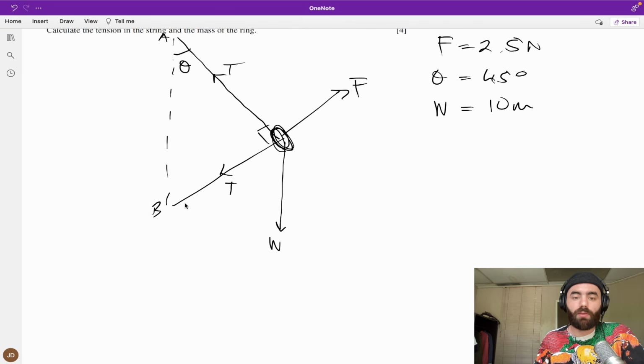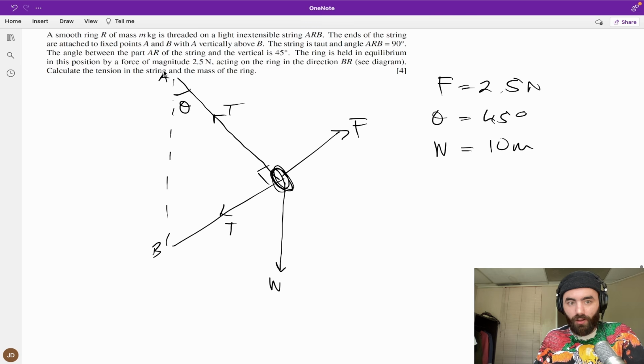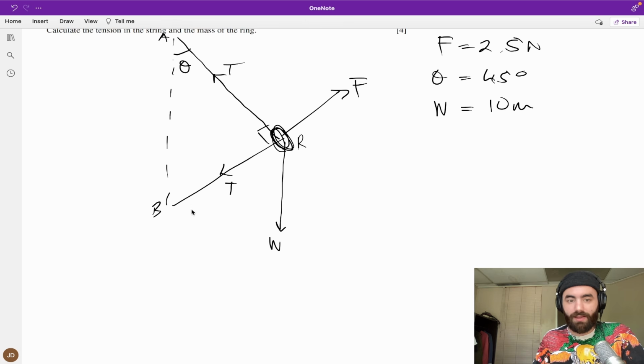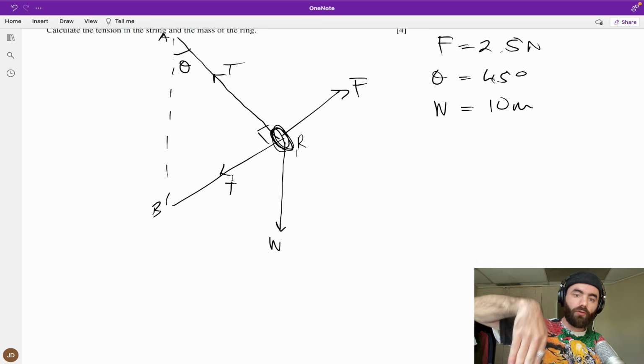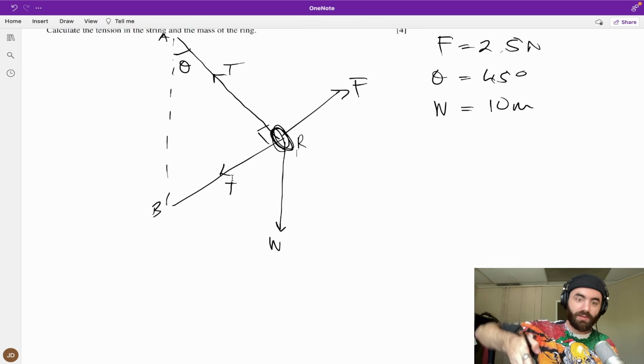Instead, what I'm going to do is make the axes along this BR and RA. So now our axis is, if we look at it like this, straight up from R to A will be the y axis.